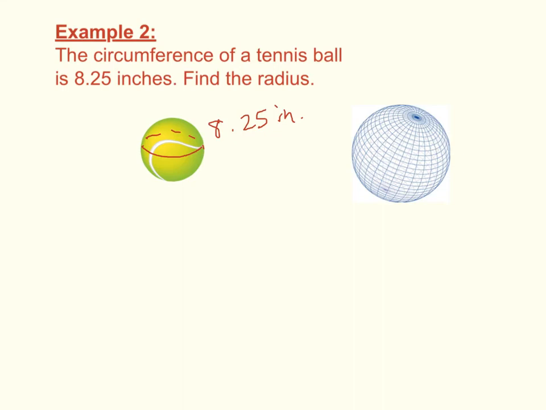Okay, so I put this picture of a sphere on there, right here, just in case we wanted to get a better picture of maybe the inside of a sphere, help us visualize a little bit more. So again, the radius is going to be from the center. The center's inside a sphere.